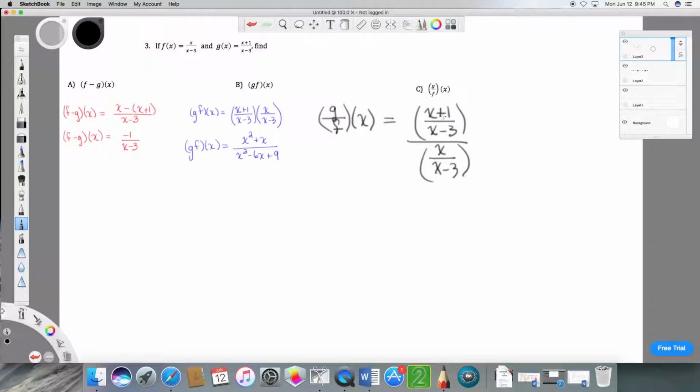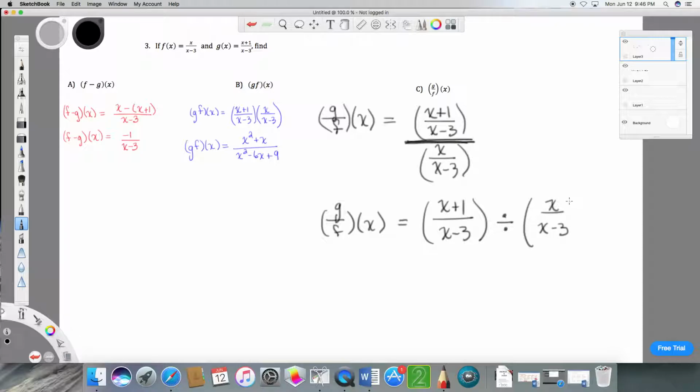But students sometimes forget what to do here. Instead of writing this as a complex fraction, remember that this division bar represents division, so I could have chosen to write this as x plus 1 over x minus 3 divided by x over x minus 3.